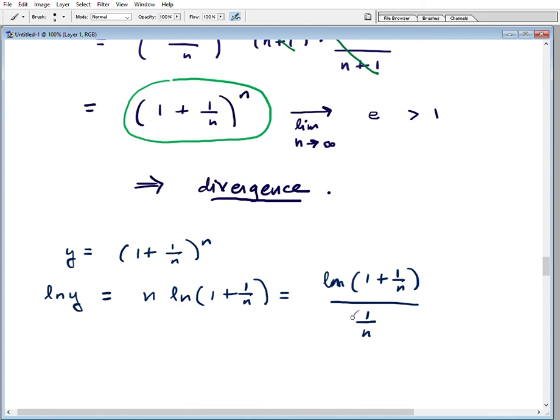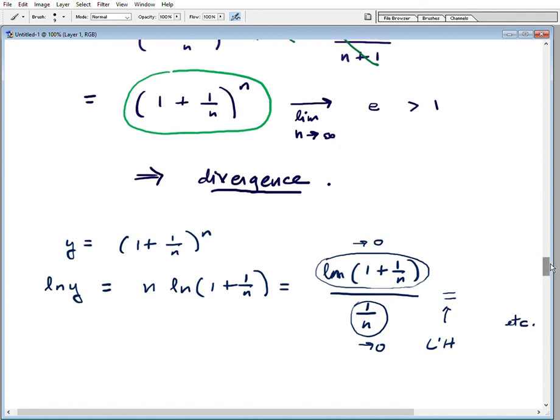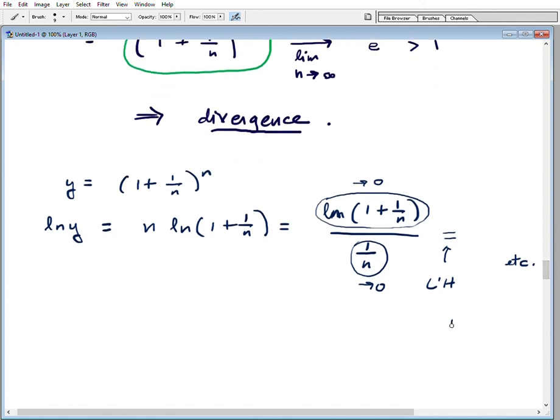This goes to 0, and this one goes to infinity. As n goes to infinity, we have ln 1. This goes to 0 as well. Ln 1 is 0. 0 over 0, so you're going to use L'Hopital's rule. I'm going to write etc. here. You can finish this. And maybe we'll finish it next time. Okay, so I'll show you that.